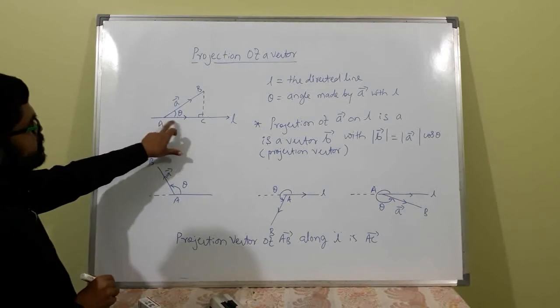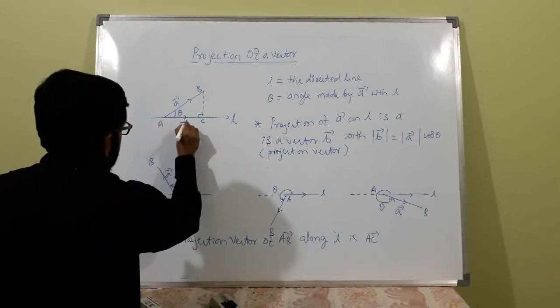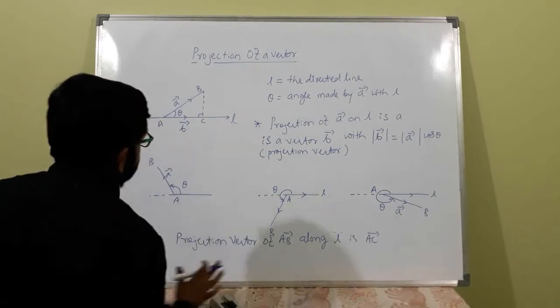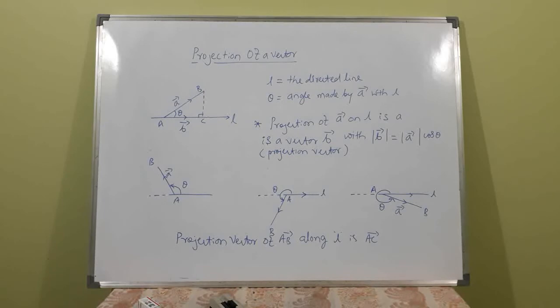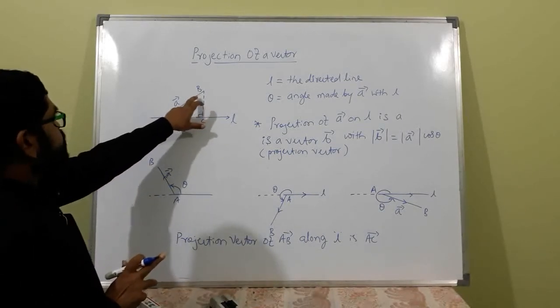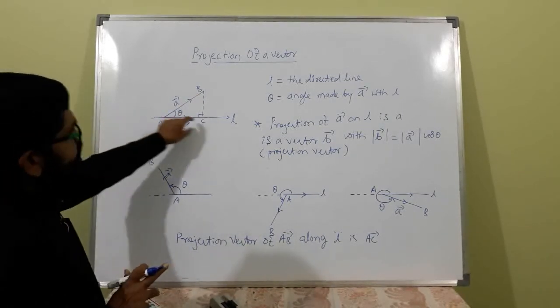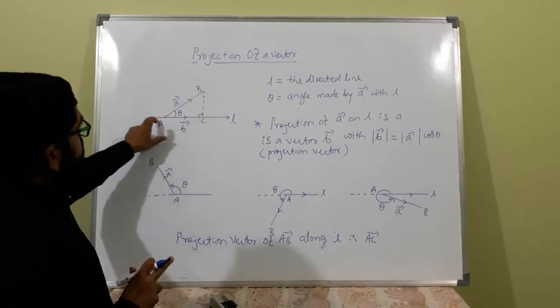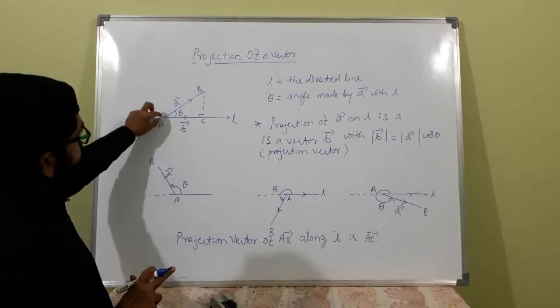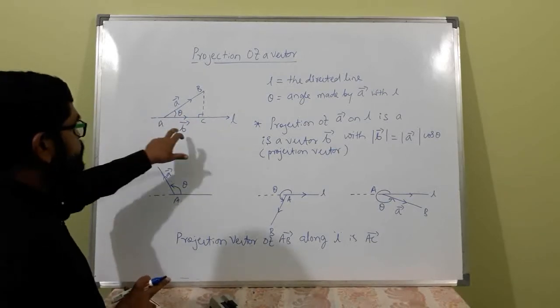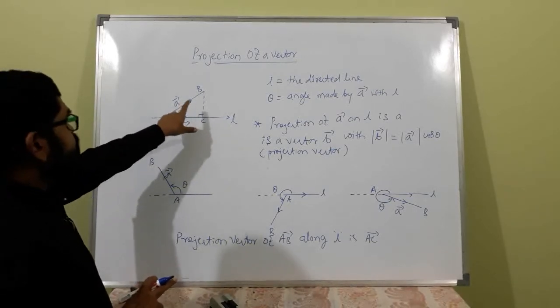This AC, let us call it B. Vector AC is called the projection vector, the projection of A on B. Remember, if vector A makes an angle theta with the directed line L, then this AC, or B, is the projection vector of A on L.